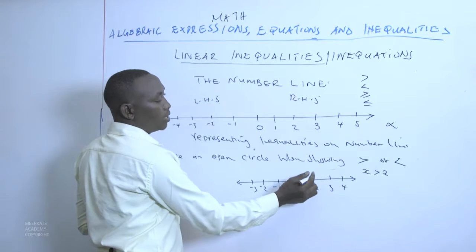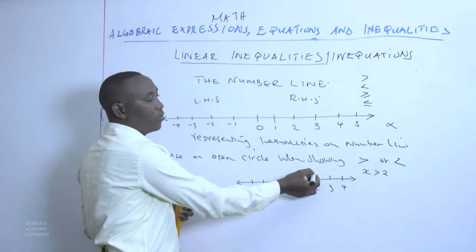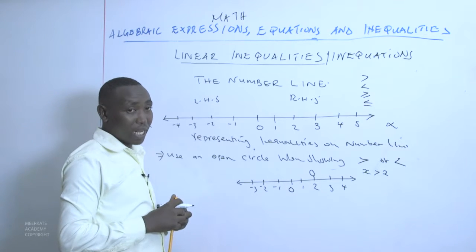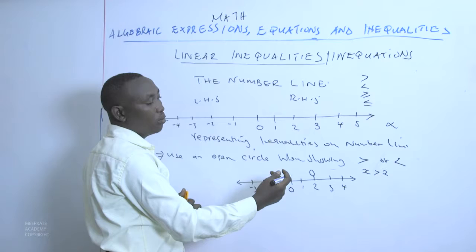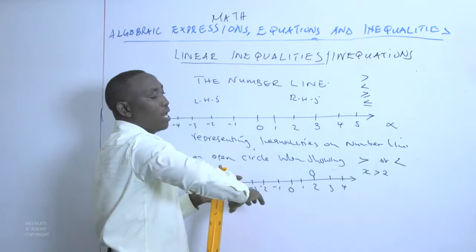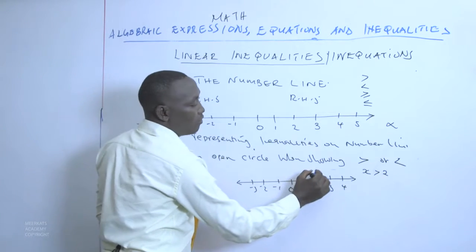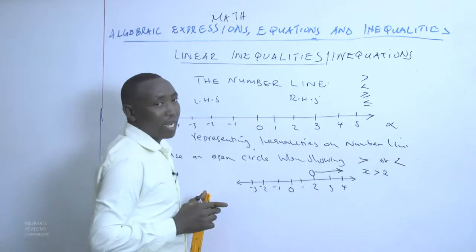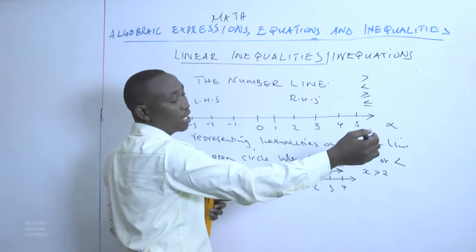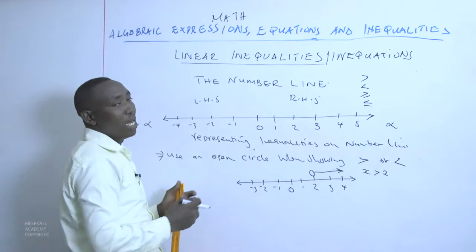So you come where 2 is and you draw a small circle. It is going to be open because the value 2 is not included. You have been told that x is greater than 2. That means x can be any number on the right, that is, any number greater than 2. That means we advance to the right. So our answer can be 3, 4, 5, 6, up to positive infinity. But it can never be any number below 2.